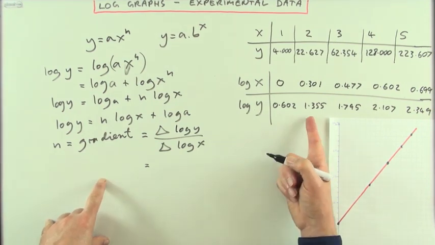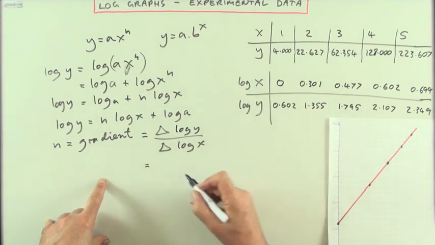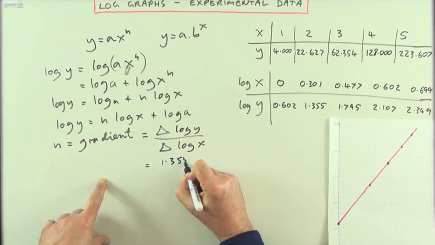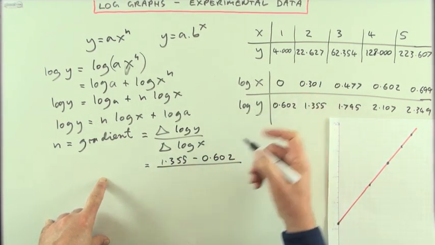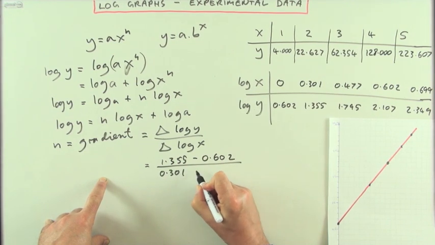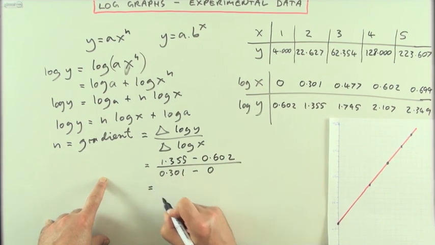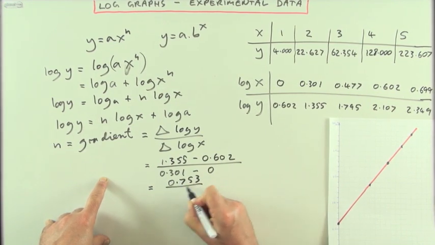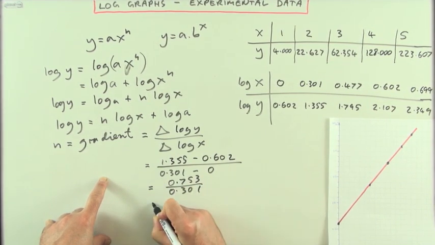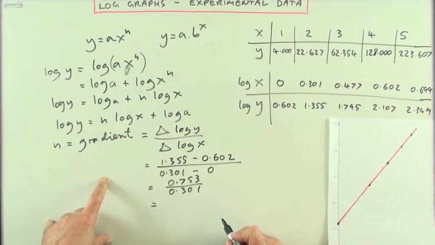So what have I got for this then? Just using these first bits, I've got 1.355 minus 0.602 over 0.301 minus 0. That's 0.753 over 0.301, and when you put it into a calculator, you get 2.501.